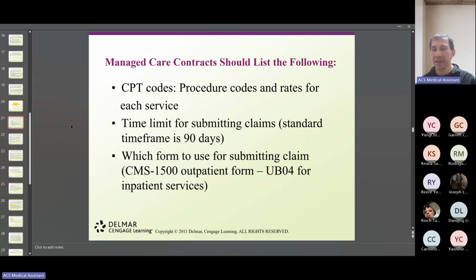And UB stands for Uniform Bill. So it's a form that usually is standardized, is uniform, for hospitals or large organizations. That's basically how it is. But the most common one for outpatients, we're going to talk about, is the CMS 1500.